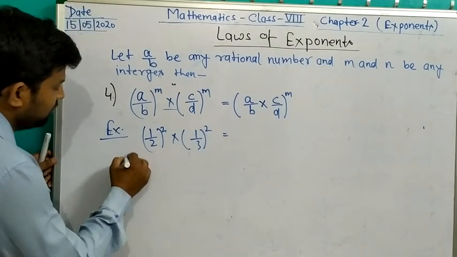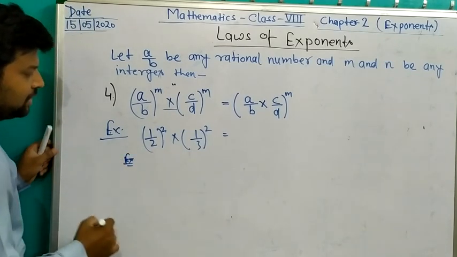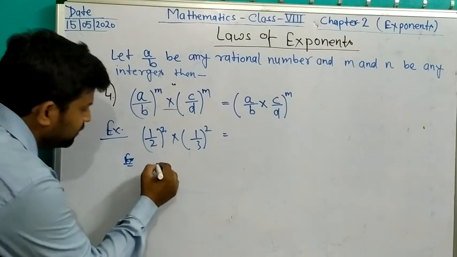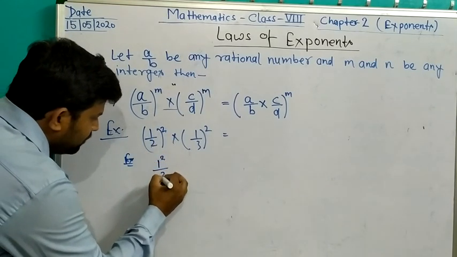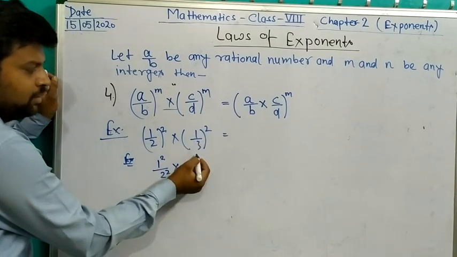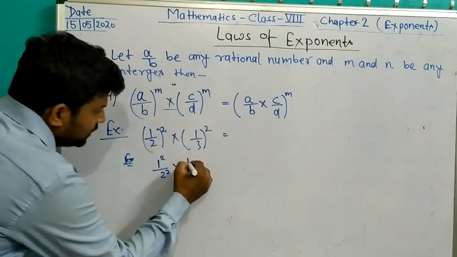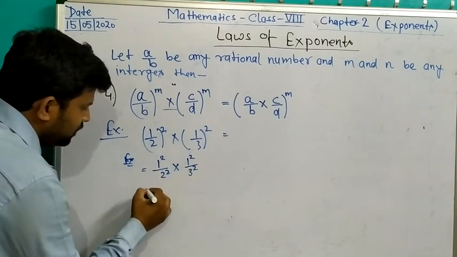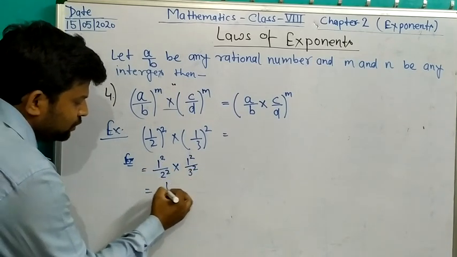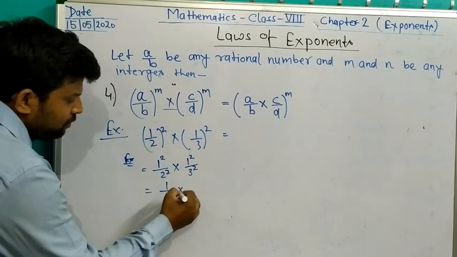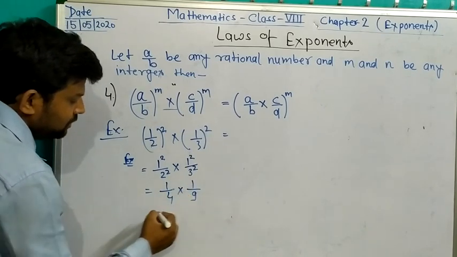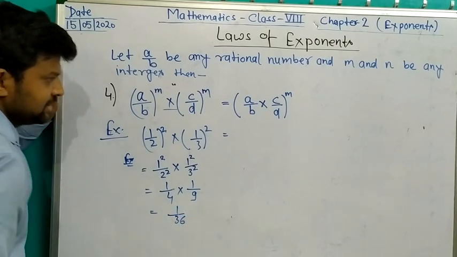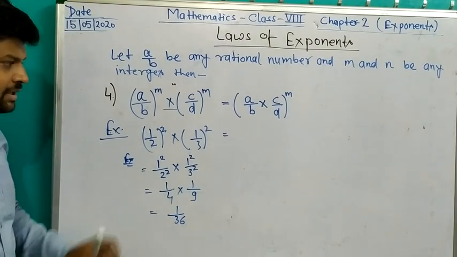Now we write it in manual form. (1/2)^2 means 1 squared upon 2 squared, and for 1/3 when we expand, 1 squared upon 3 squared. Now the square of 1 is 1, so we get 1/4 multiplied by 1/9. 1 upon 4 into 9, 36.